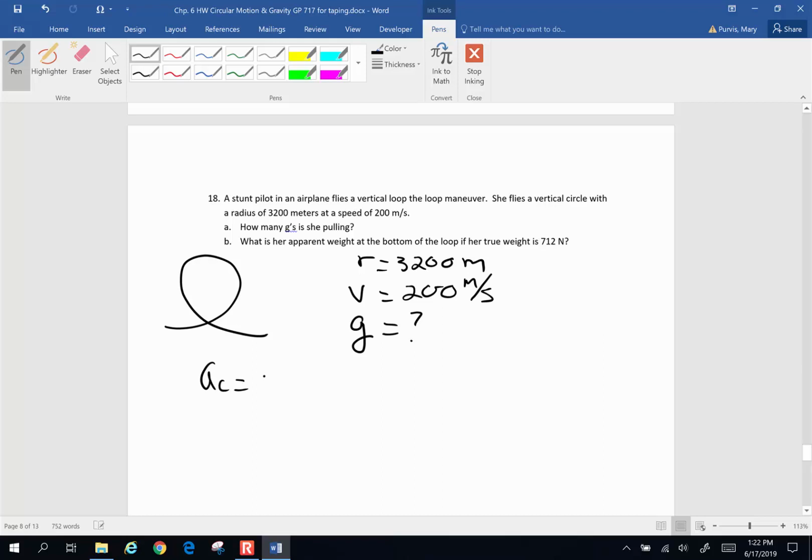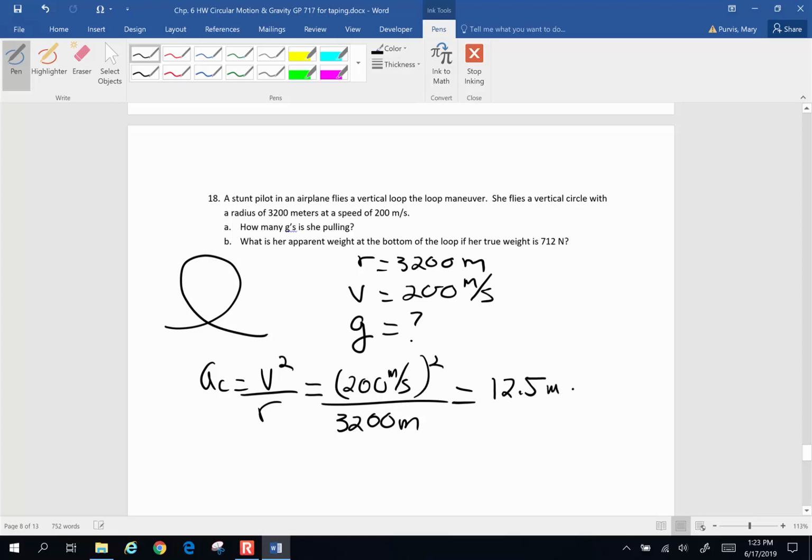Centripetal acceleration is going to be v squared over r. So velocity is 200 meters per second, squared, divided by the radius, 3,200 meters. 200 squared divided by 3,200, we end up with 12.5 meters per second squared as the centripetal acceleration.